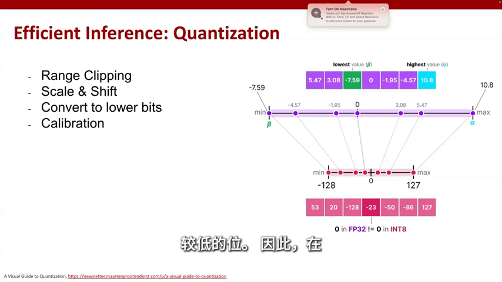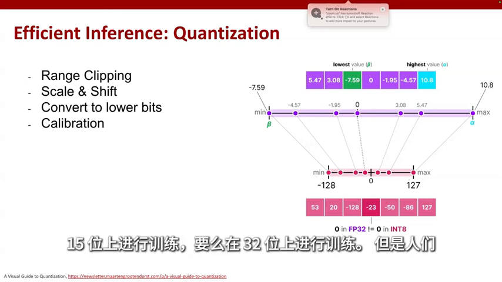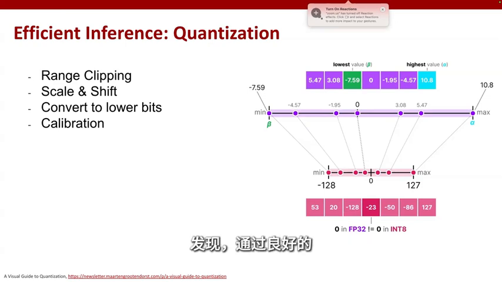During training, the models are either trained on 16 bits or 32 bits. But people have found that with a good quantization algorithm, you can compress the model to maybe 4 bits without losing any noticeable performance.